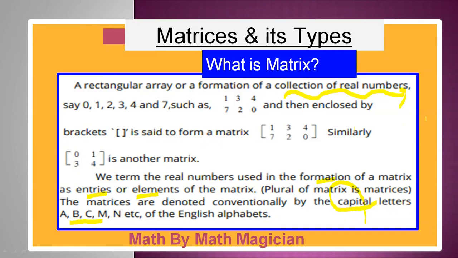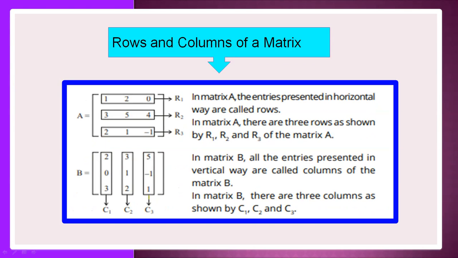Just like this is A matrix, and A matrix is equal to this. This is B matrix, and the whole B matrix is equal to this. So I can use any capital alphabet letter for showing the matrix.